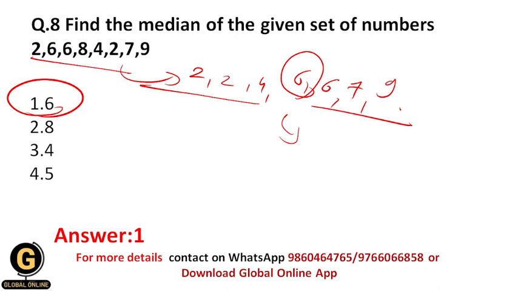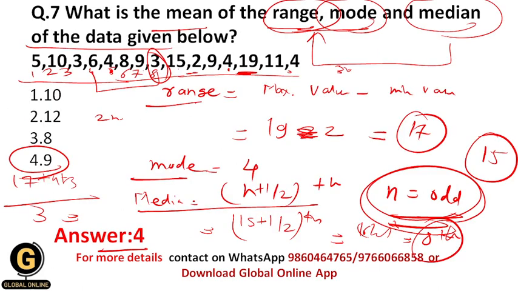I can give you one tip: whenever the number of observations is very large, then use the formula for the median that I told you in the earlier part of this video, which was median is equal to (n plus 1) by 2th term when the number of observations is odd.